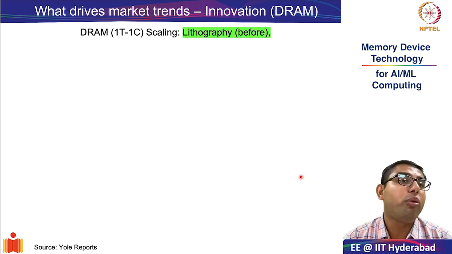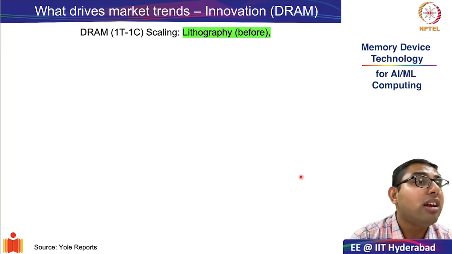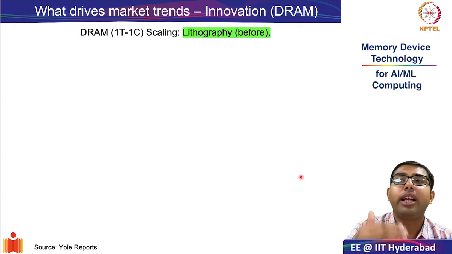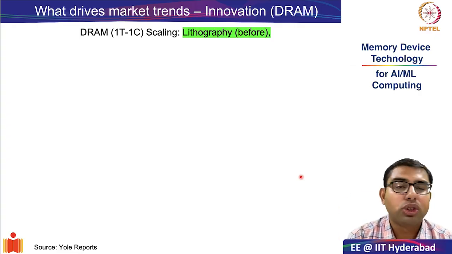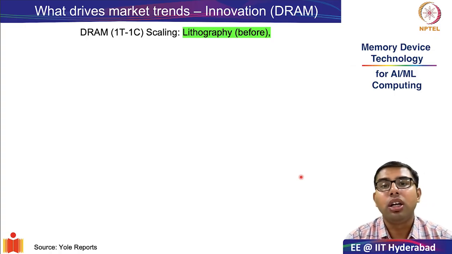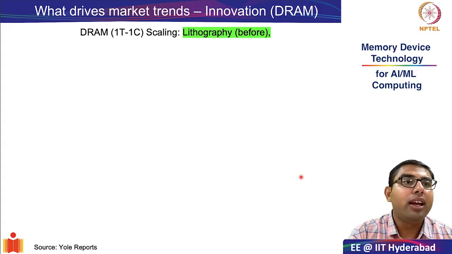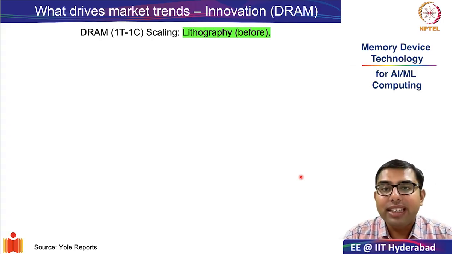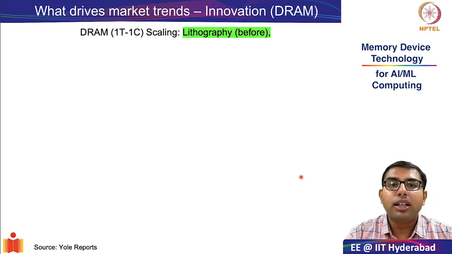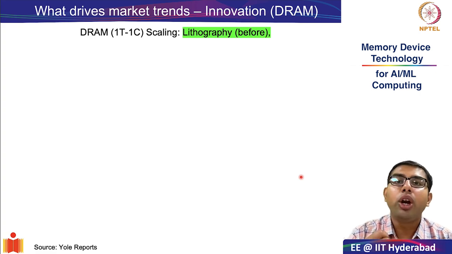Next innovation that we would like to look at, which is driving market trends, is in the DRAM technology, which comes next in the memory hierarchy. So the DRAM cell, which is one transistor, one capacitor DRAM cell, the primary factor which was deciding how well you can scale DRAM technology a few generations earlier was the ability to pattern things or lithography.